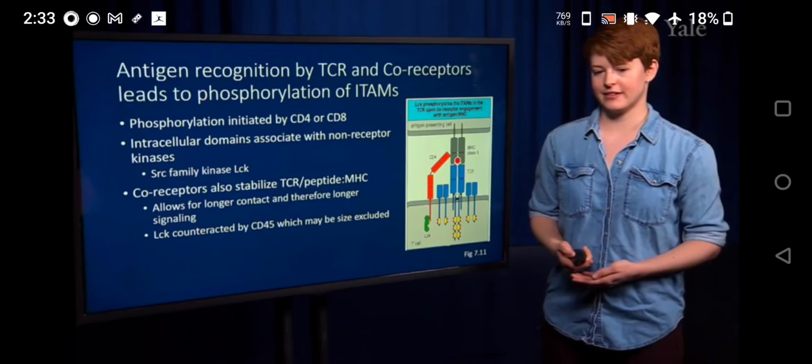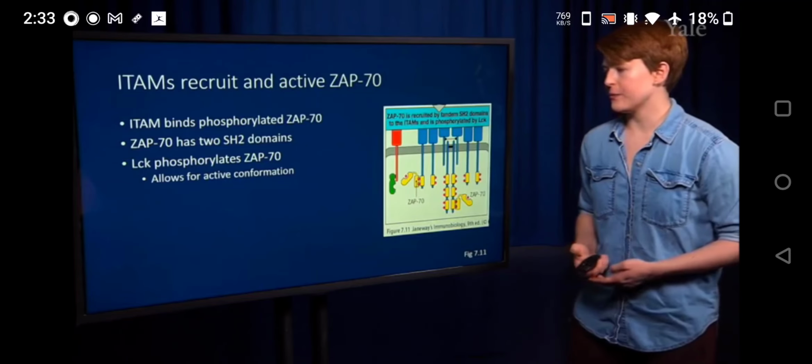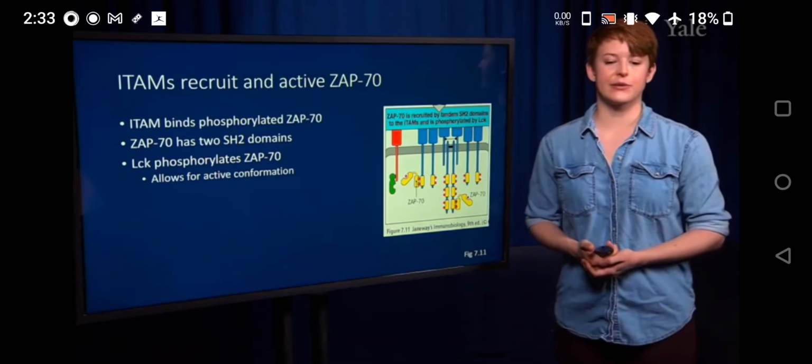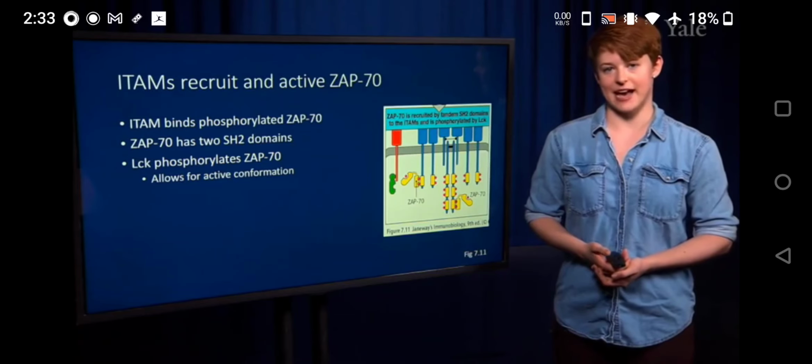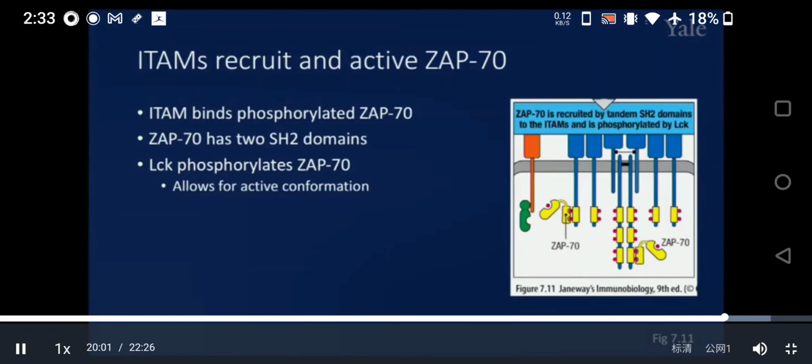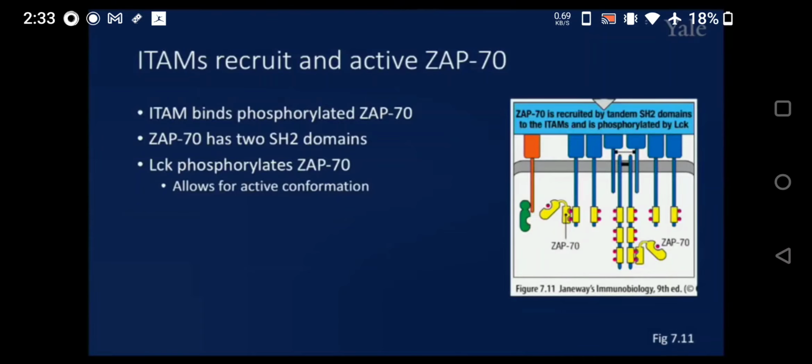So once we have these ITAMs phosphorylated, they recruit and activate different adapter proteins. One really important example is ZAP70. ITAMs bind a phosphorylated and activated ZAP70.